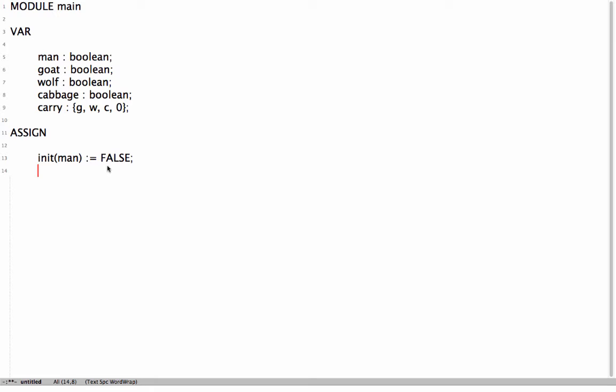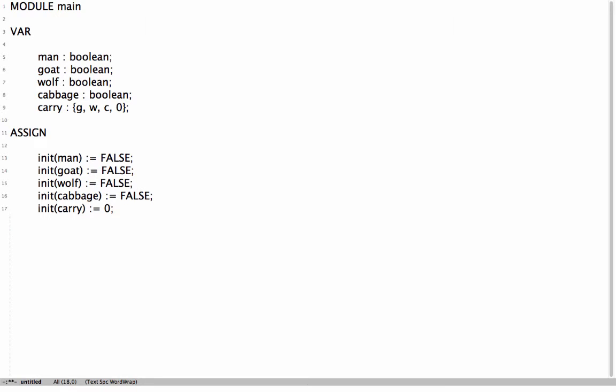So false denotes that it's on the left bank. Similarly, init of goat is false. Init of wolf is false, and init of cabbage is false. Initially the value of the carry variable is 0.